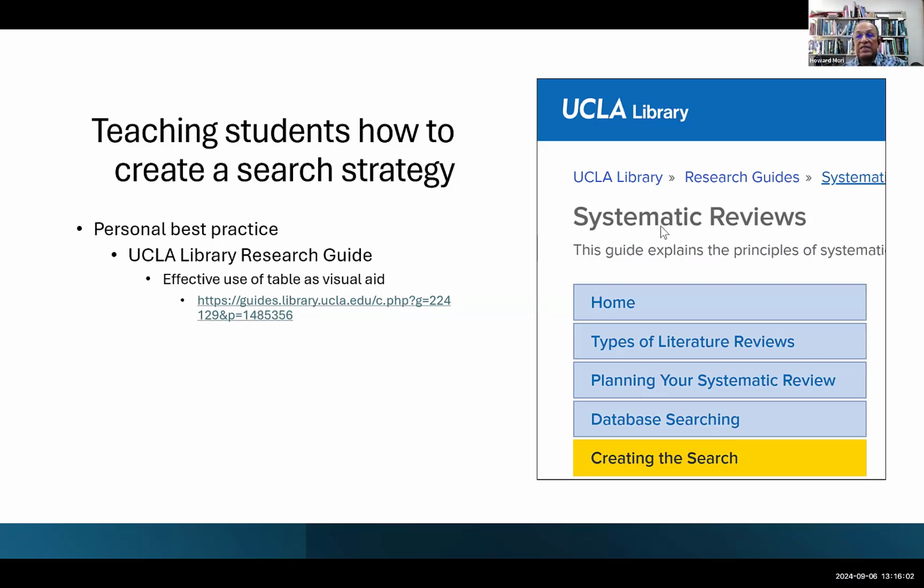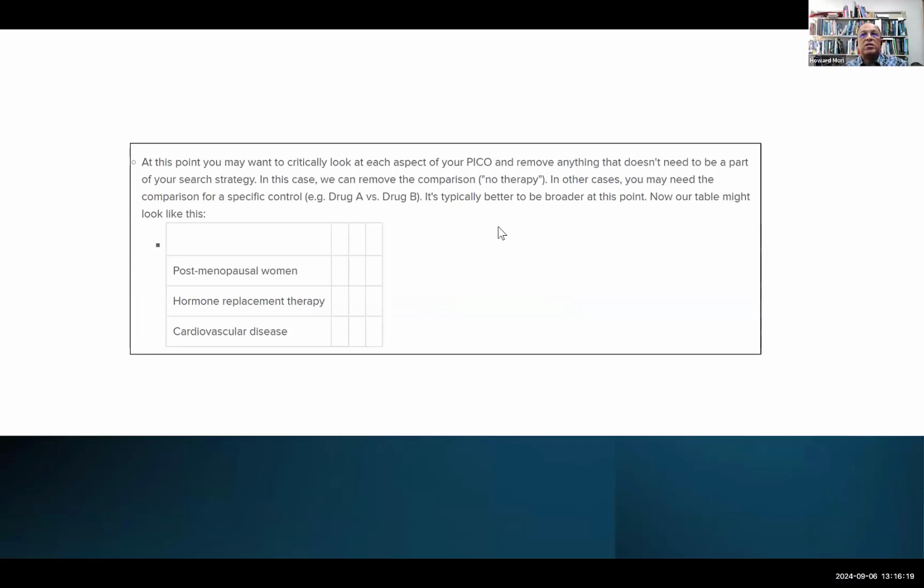And in that section, yes, they have instructions on how to create the search, how to identify keywords, etc. But what really helped me and my students was the table that they use as part of the instruction set, where they created, let's say, an Excel table with 4 columns.